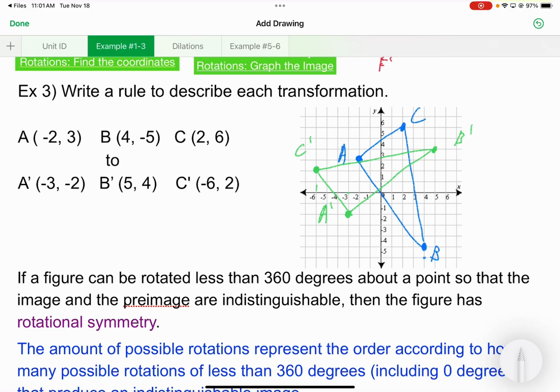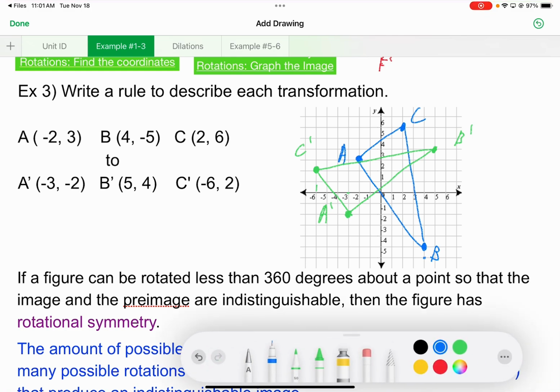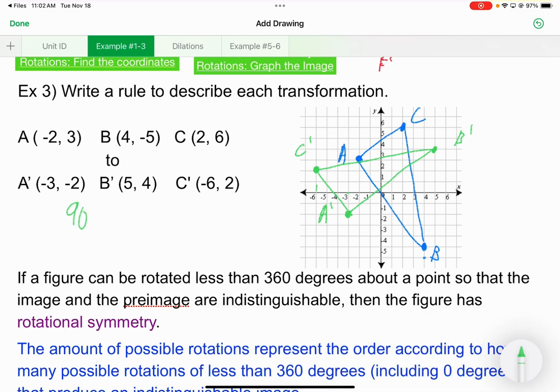If I did it clockwise, I would have to spin this point A all the way around before I get to that point. So it's either 270 degrees clockwise or 90 degrees counterclockwise. I'm going to say 90 degrees counterclockwise.